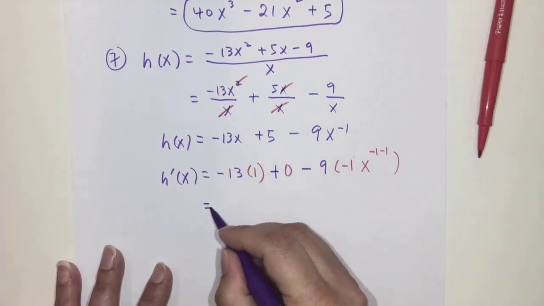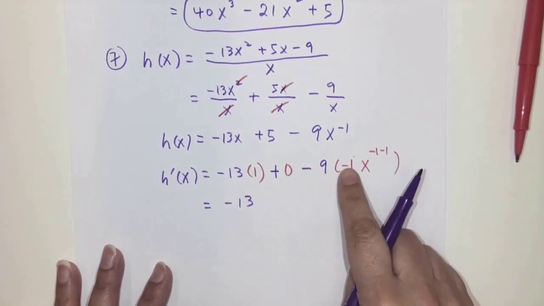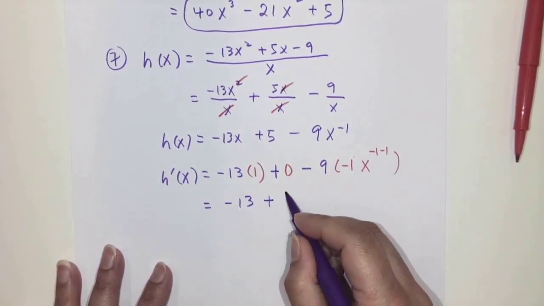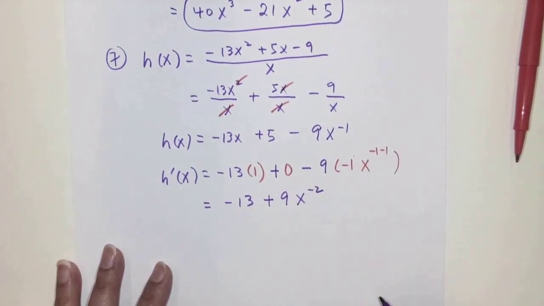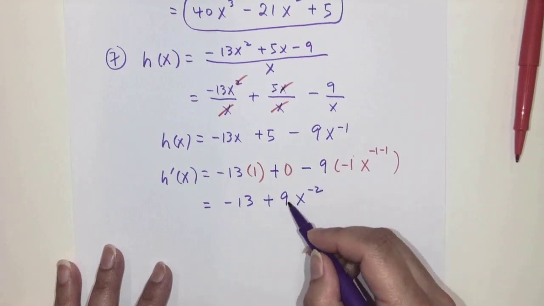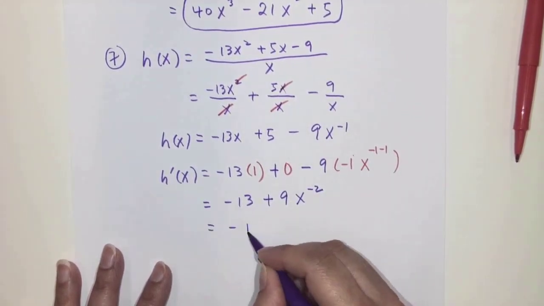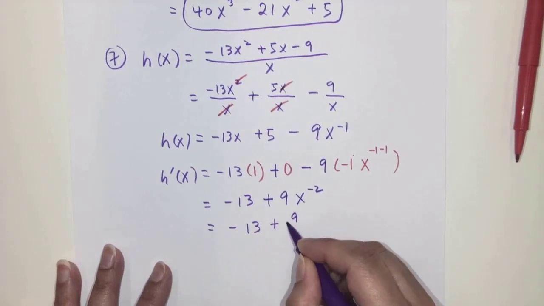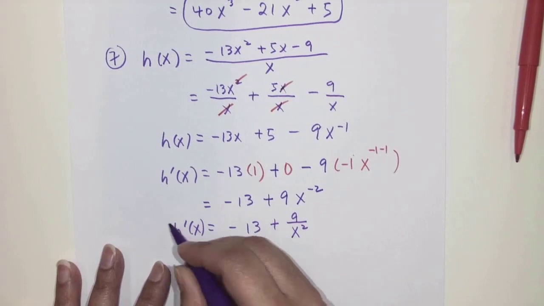So that would give me negative 13, 0 is gone. This is negative times negative is positive 9, x to the negative 1 would be negative 2, right? I cannot leave negative exponents as my answer, so I'm going to rewrite that as negative 13 plus 9 over x squared for my h prime of x.